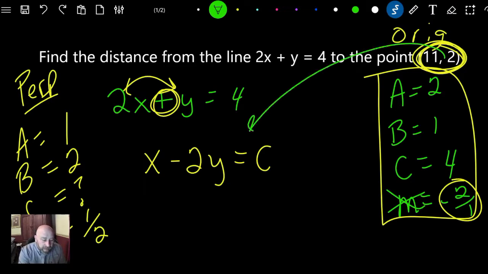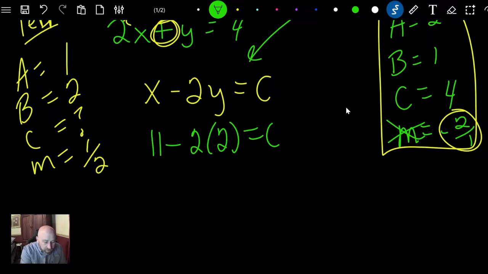So plug that into this equation and we get 11 minus 2 times 2 equals c. So this is going to give us our equation. So 11 minus 4 equals c, or 11 minus 4 is 7 equals c. So our c is 7.